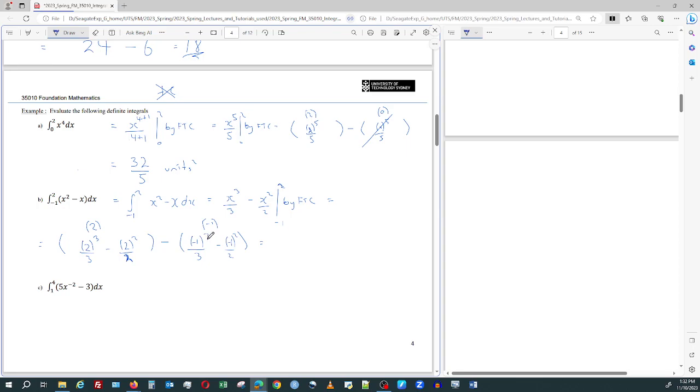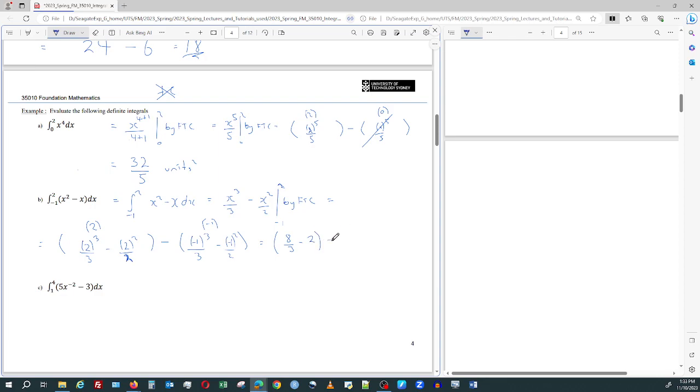This is a -1 with an odd power, which means that the minus will stay internal here. -1 squared will become a positive, so that's no longer something we need to worry about. So let's just do this together. 2 2s are 4, 2 4s are 8, 8 on 3 for the first part. 2 2s are 4, 4 divided by 2 is simply 2. So that's our first bracket.